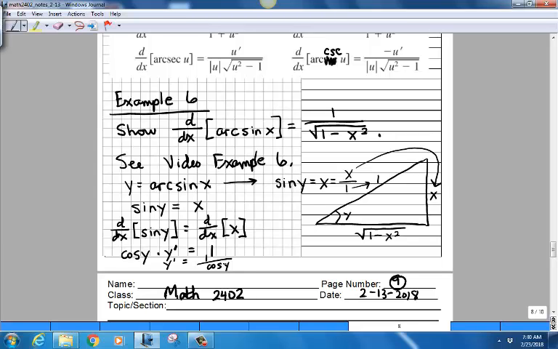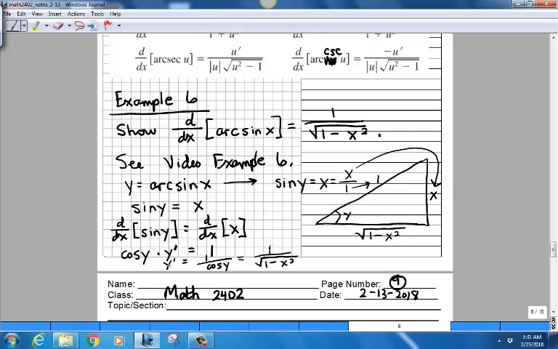That's what allows us to calculate the cosine, because the cosine of y is going to be the adjacent side over the hypotenuse. So cosine of y is the square root of 1 minus x squared divided by 1. That's just the square root of 1 minus x squared. So now we can fill that in for cosine of y. So we get 1 over the square root of 1 minus x squared.